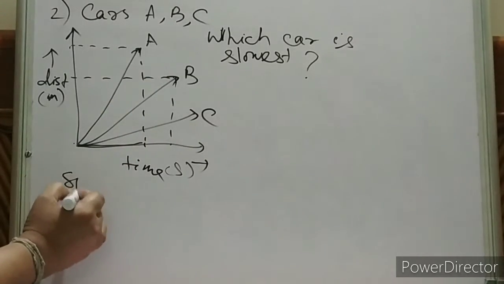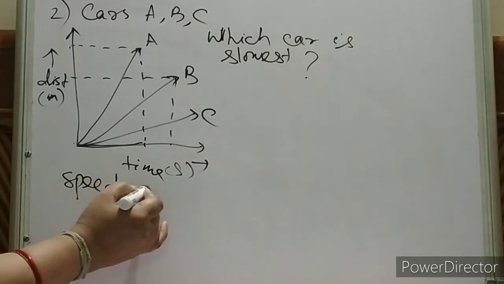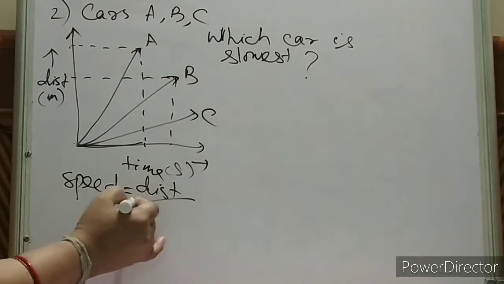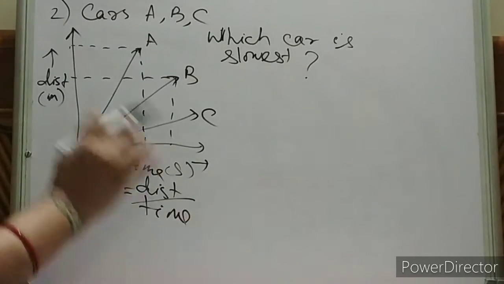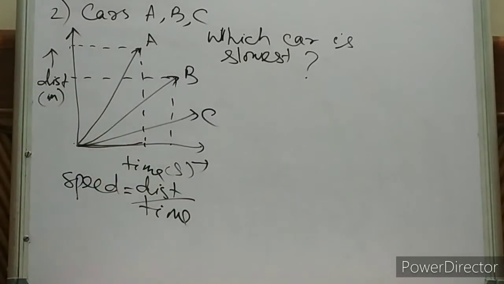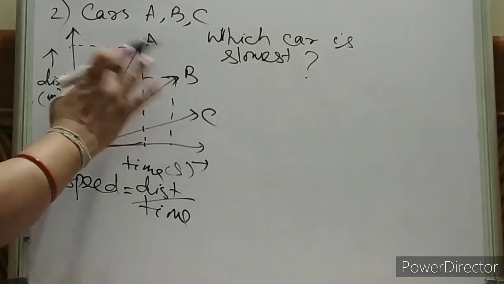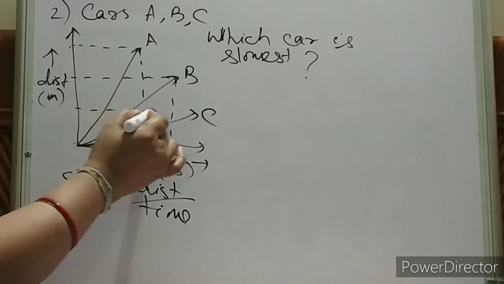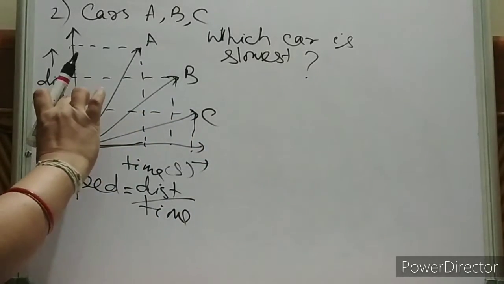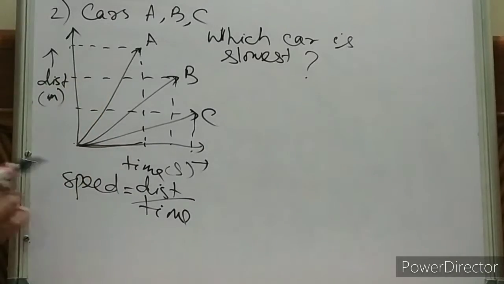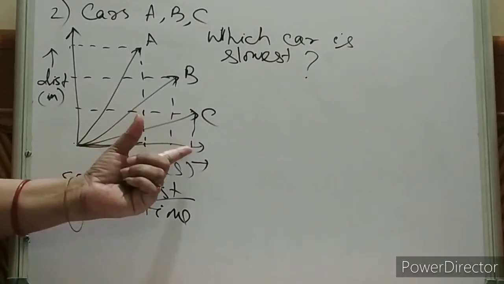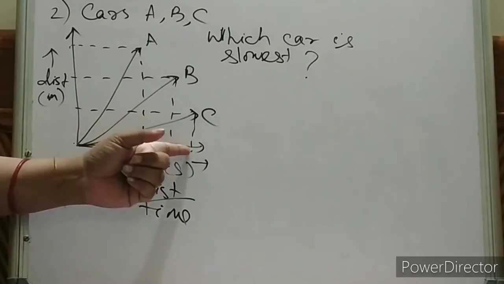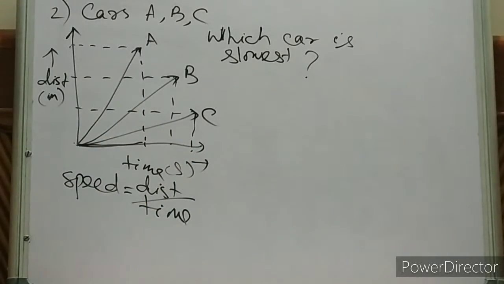So this much distance is travelled by car A. Now how much time? This is the time. This much distance in this much time. For B, see the distance travelled and the time taken. The distance travelled is less than A, but the time taken is more. What is speed? Speed is equal to distance by time. Here more distance in less time, so speed will be more. Here less distance, more time. See the C case also. To cover this much distance, the car has taken more time. That means car C is the slowest one.